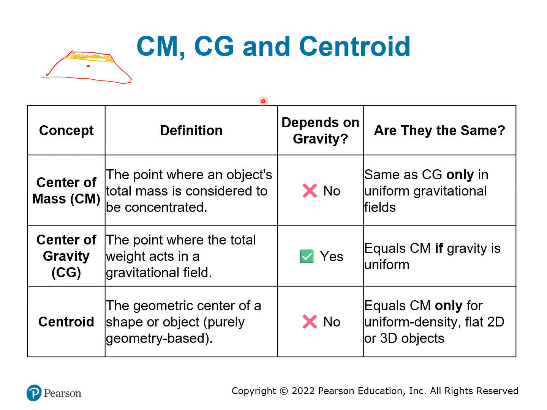Because the mass doesn't depend on the gravitational force, but the center of weight might depend on the gravitational field. So it's a simple definition, and we hope that you have a basic idea what we are talking about, and we're going to study more about this.